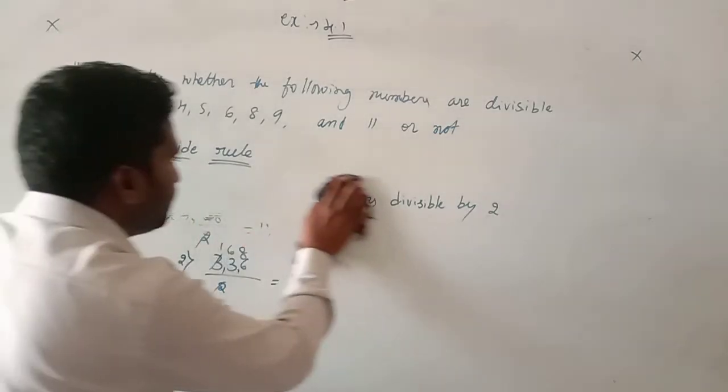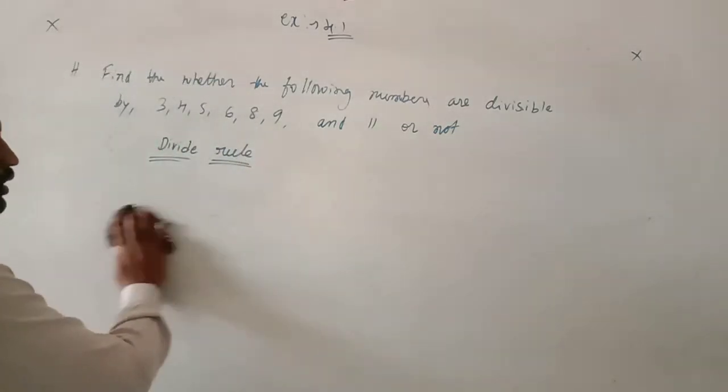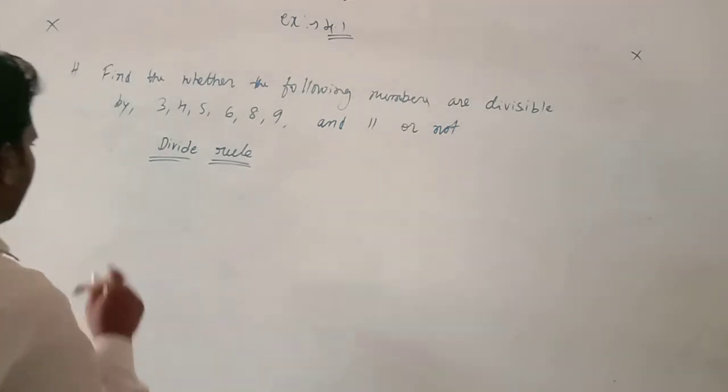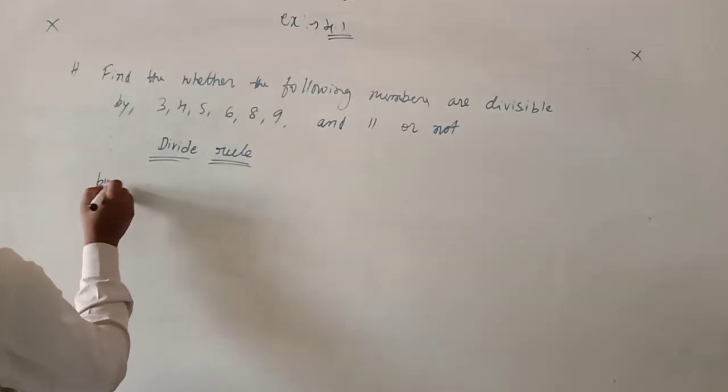Now divisible by 3. Which numbers can be divided by 3?